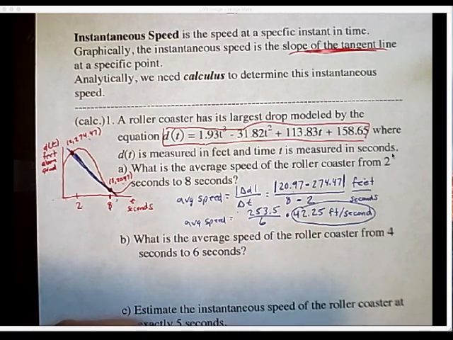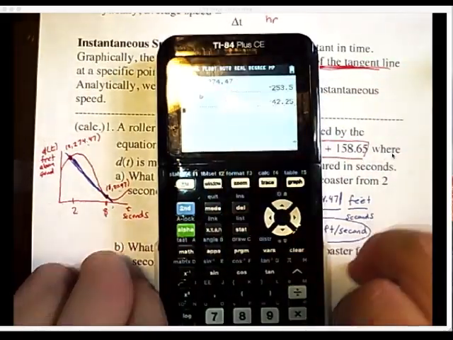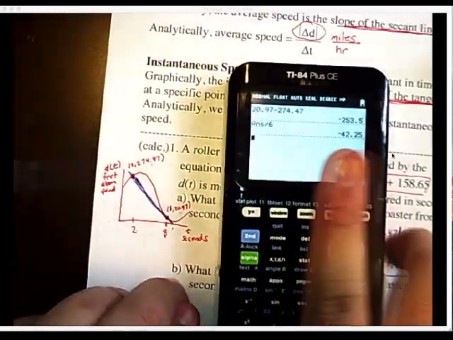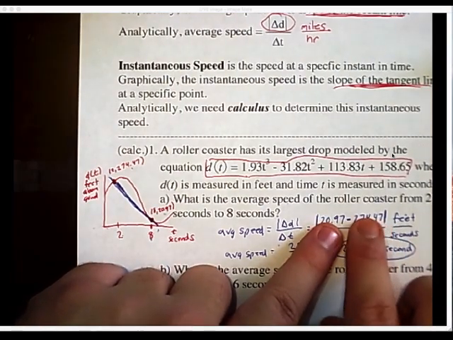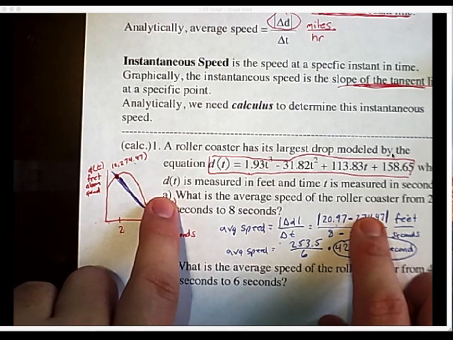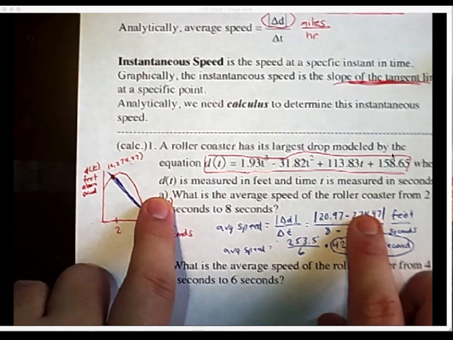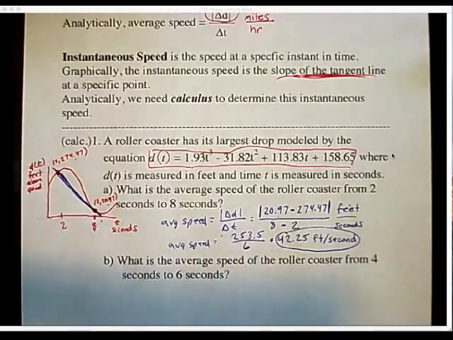Okay, now let me show you another way how we can do this really quickly, really easily. Now, remember, these two came from y values from the function. And I put this function into y1 in my calculator. So, let me just show you a quick way.